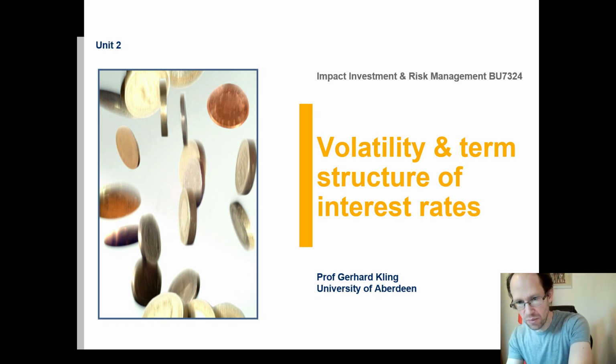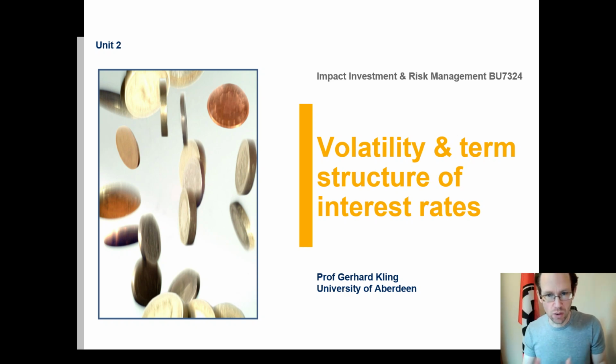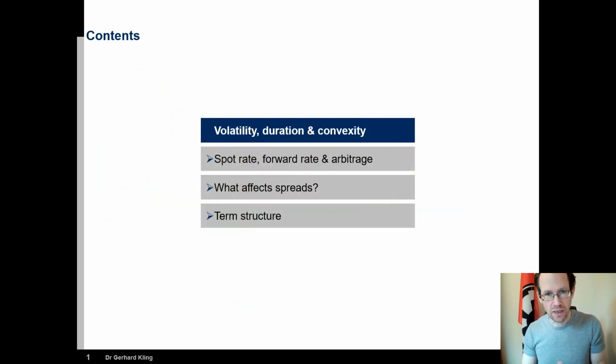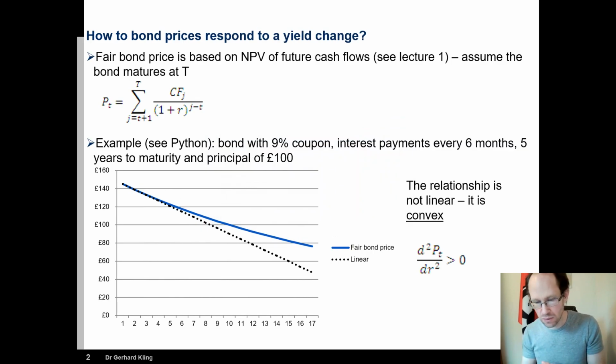Welcome back. I will first explore convexity using Python to see what happens if we change certain parameters of a corporate bond. Now, first of all, when it comes to convexity, what do we really mean by that?